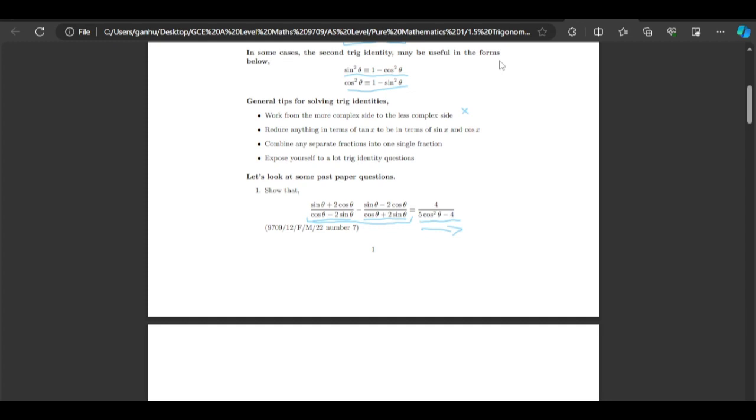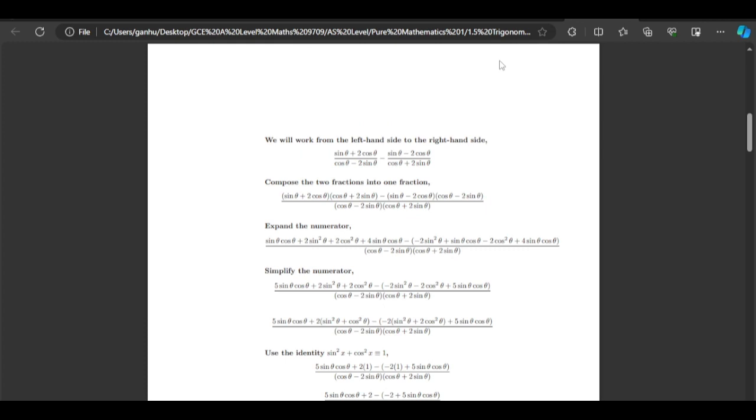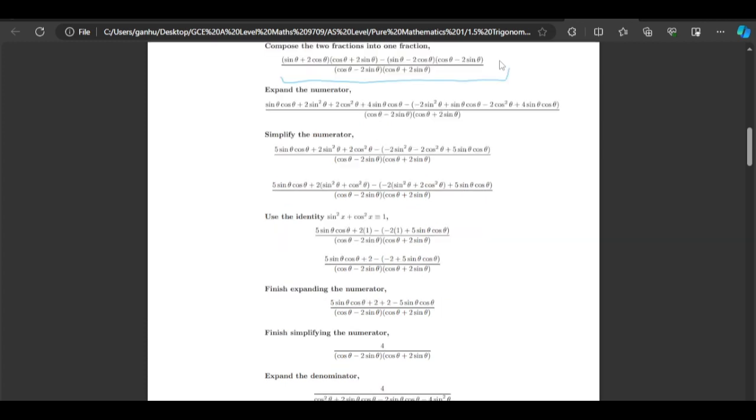So let's do that. If you combine the two fractions, you end up here, and if you simplify further, you end up here. And then here we can use the identity that sine squared theta plus cos squared theta is identical to 1 to replace this. So as you can see, that now becomes 1.